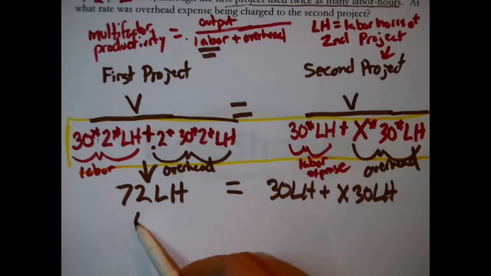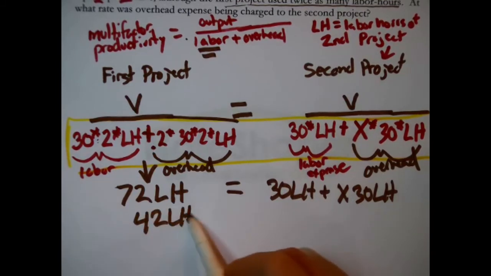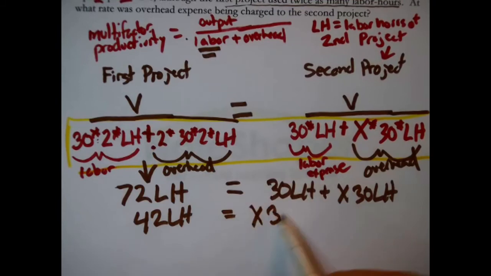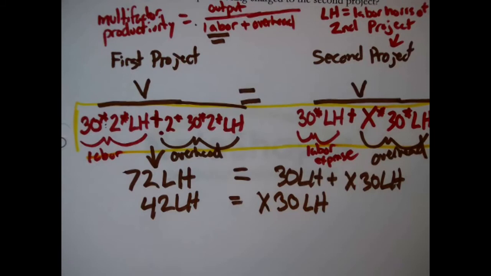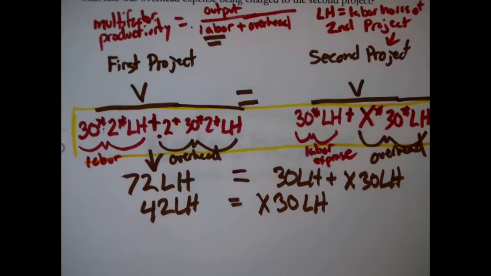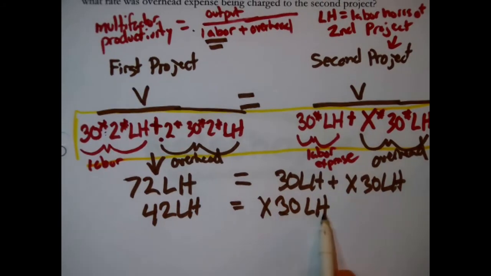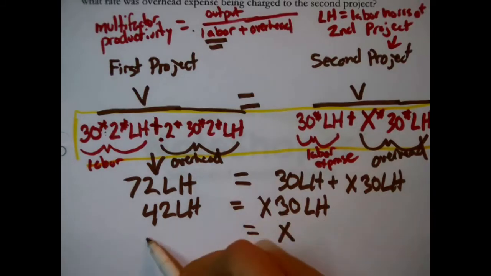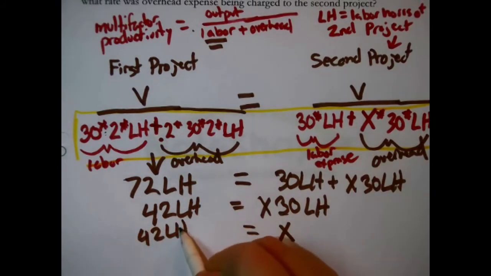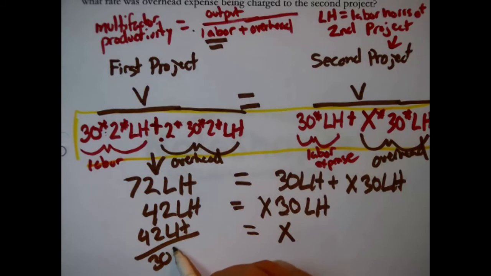I'm revealing that 42 LH equals what's left over here, that mysterious X times 30 LH. Now remember, I'm looking for X. X is what the question was about, which means that I could divide both sides by 30 LH and get X all by itself. X equals 42 LH divided by 30 LH.